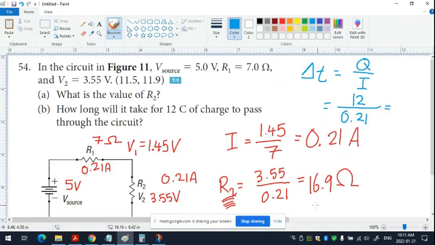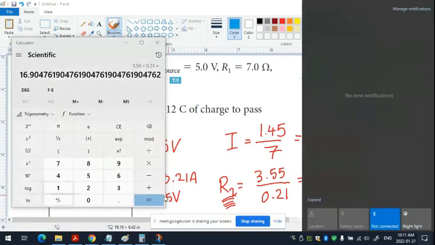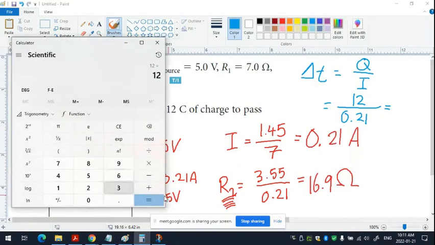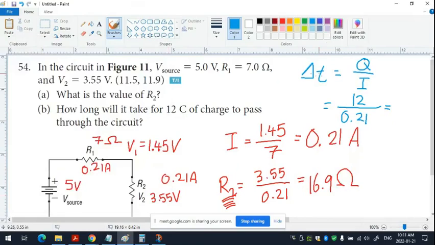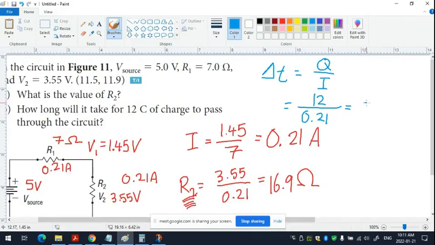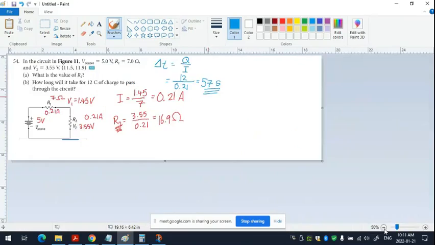That's going to be roughly 50 something. 57, I'll take that. There we go.